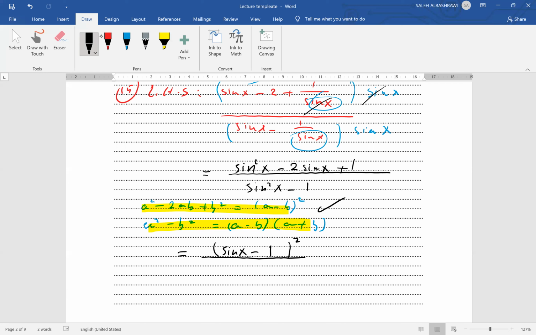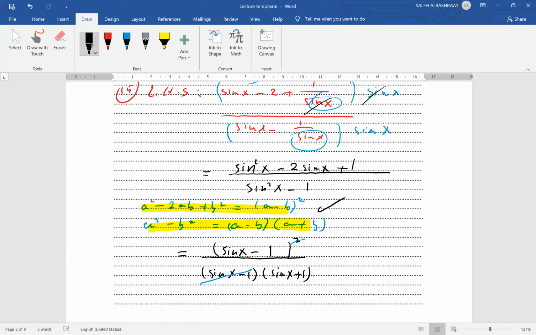The denominator can be written as 2 factors, sine x minus 1 and sine x plus 1. Now we can see that sine x minus 1 is a common factor, so I can cancel this one with the power.